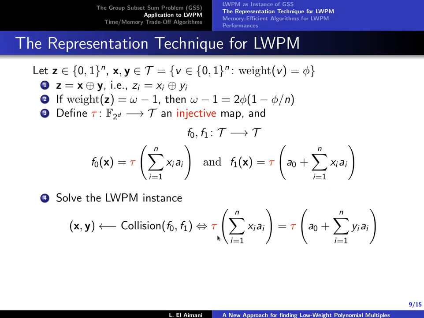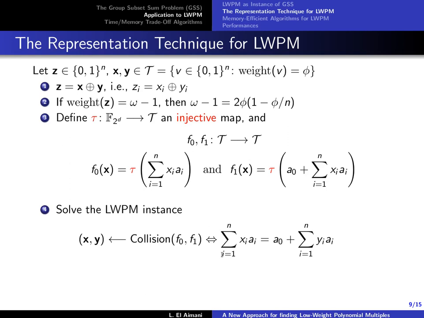Now, since tau is injective, so here we need the injectivity of the map tau, then if the images match, the pre-images match as well. And from this equality, it's easy to derive this multiple of p. So this is a multiple of p with a non-zero constant term and with degree at most n.